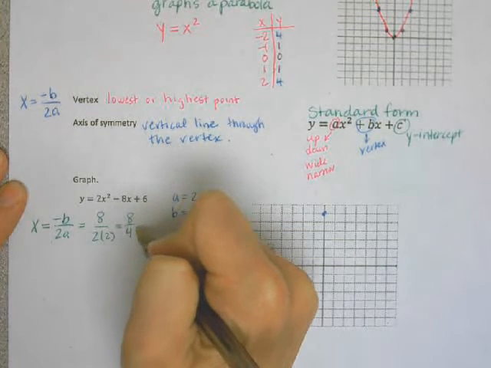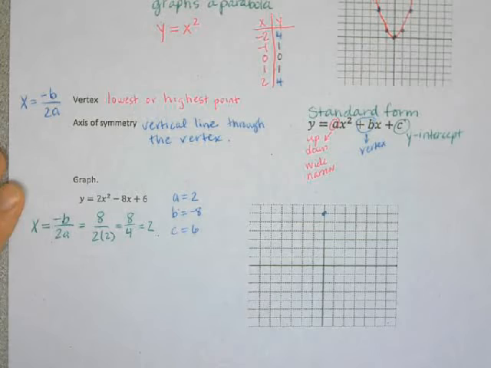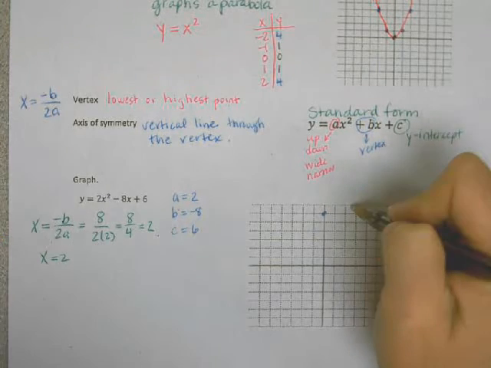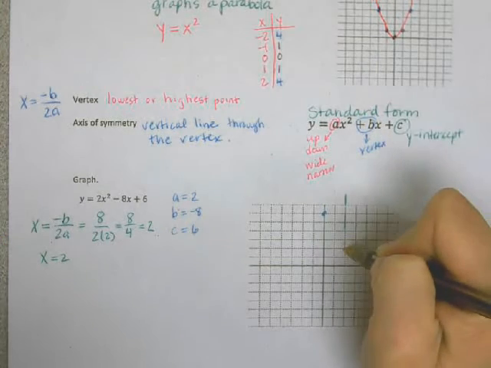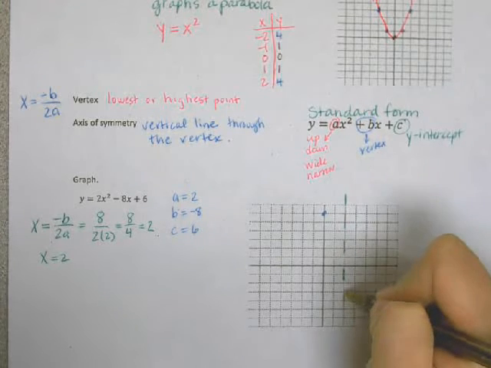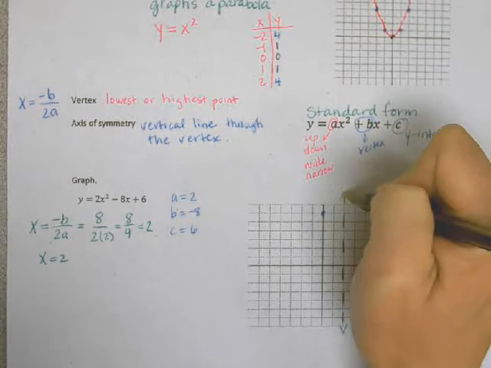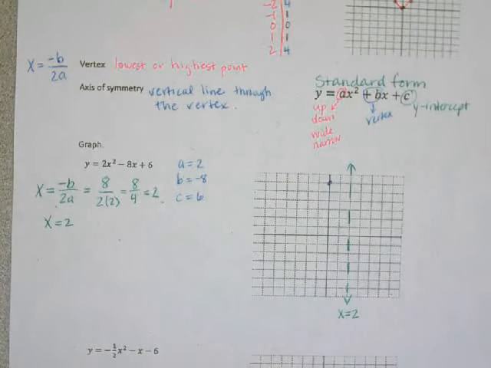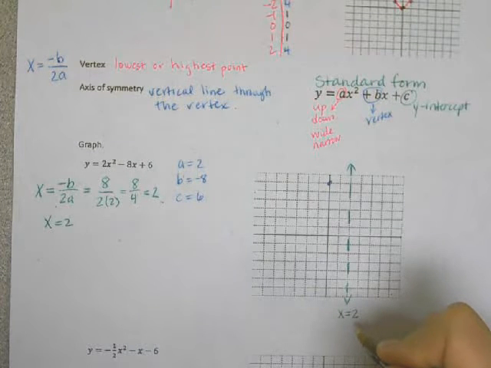That's 8 divided by 4, so my vertex is at x equals 2. So I'm going to come over here to x equals 2, and I'm going to draw a dashed line. That is my vertex at x equals 2. Scoot that up. That is my axis of symmetry.